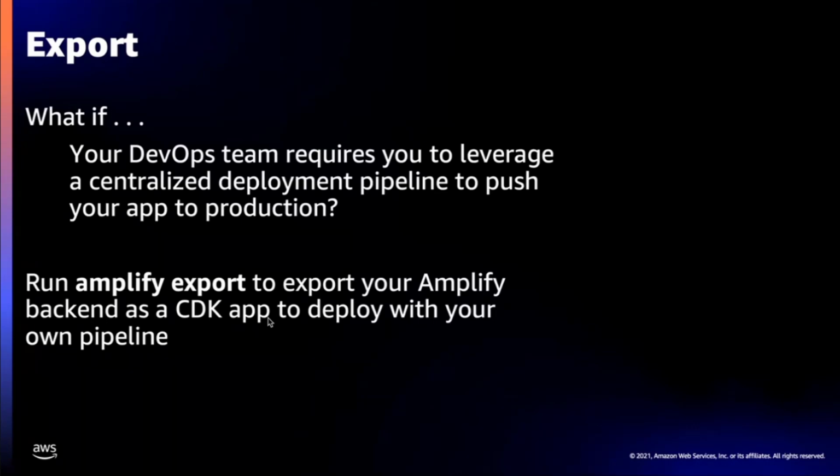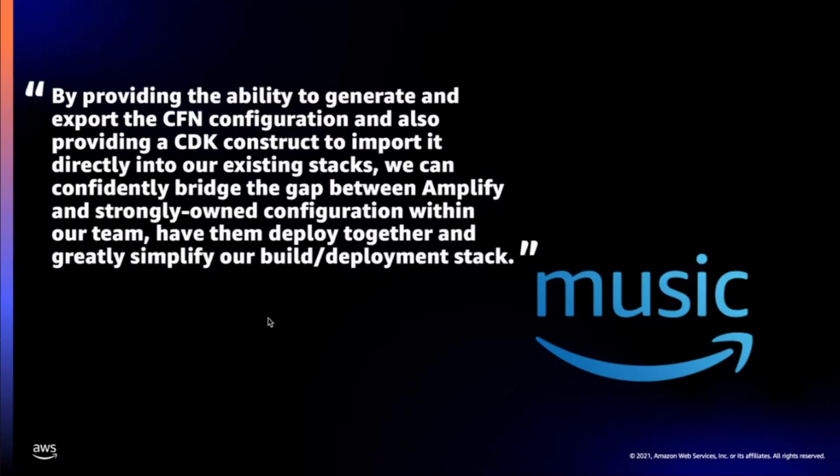And this is exactly the capability that Amazon is even using to deploy Amazon Music with the Amplify backend in the cloud. Now let's look at Amazon Music, right? After we provided these capabilities, they basically told us that this really helps them to integrate into their existing stack, and they can confidently bridge the gap between Amplify and strongly owned configurations within their team.